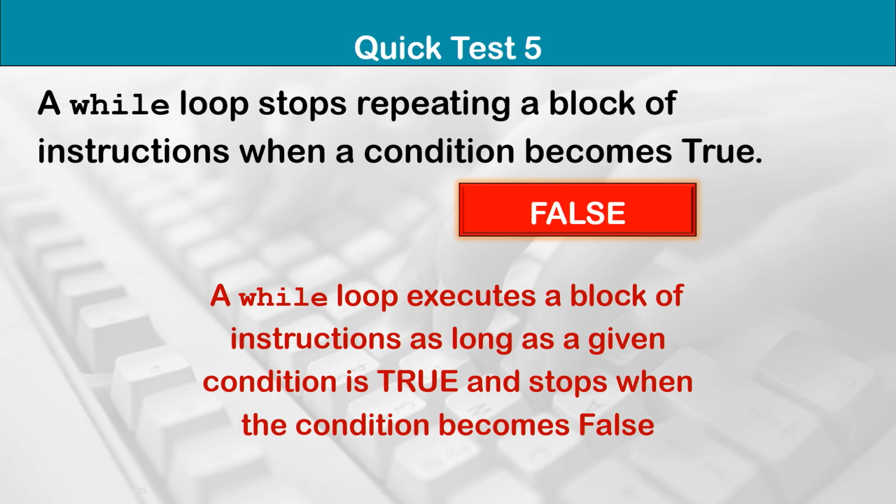A while loop executes a block of instructions as long as a given condition is true and stops when the condition becomes false. So that was the last question of our test. I am certain you were able to answer all the questions correctly.